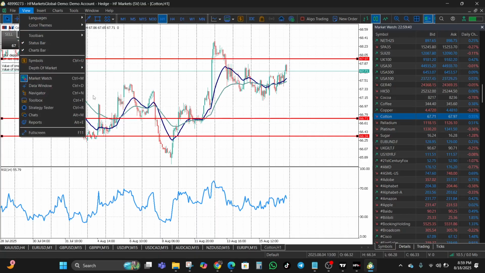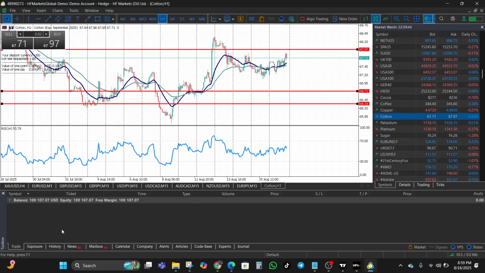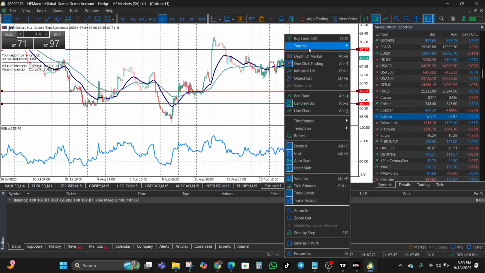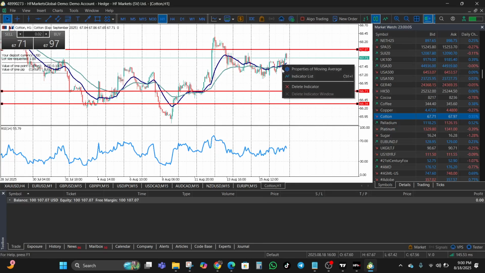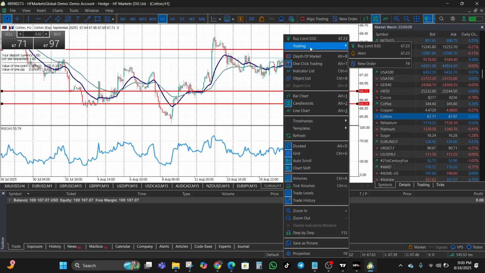Let's just view the toolbox. This is a demo account. So the buy limit will be placed around that particular zone that you set the pending order. The particular place that you want to set your pending order, you right click on that zone. Once you right click on that zone, you go to trading.